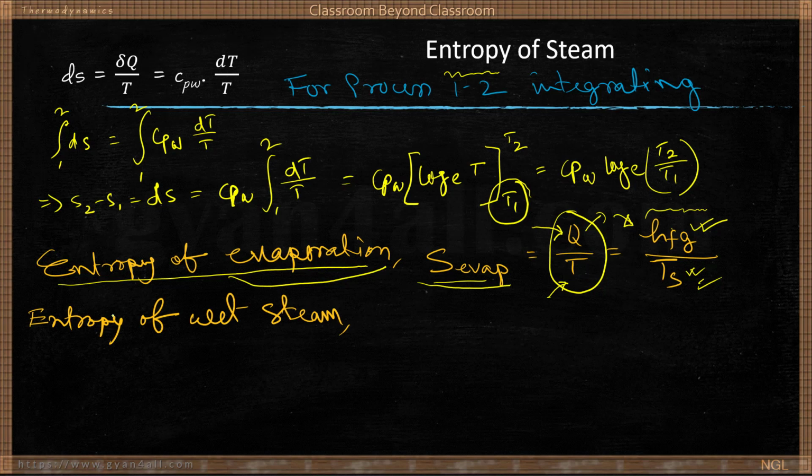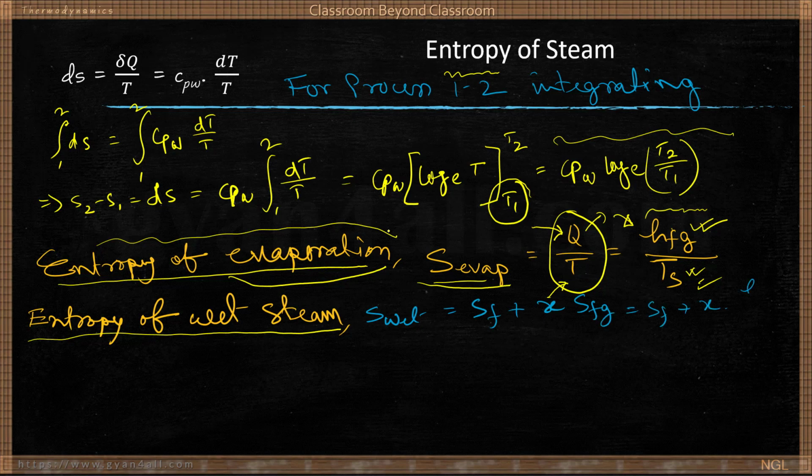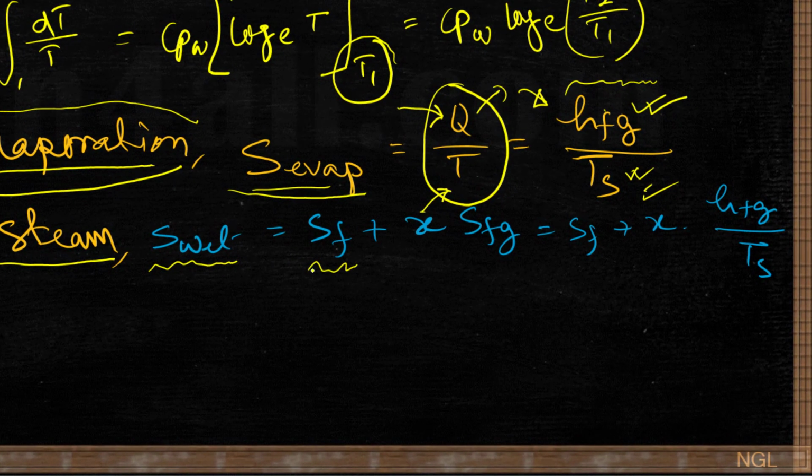Now come to entropy of wet steam. So first we found out for any steam, this is the relation. Then we found out the entropy of evaporation, and then the entropy of a wet steam. So we write S wet, that means entropy of wet steam, is equal to Sf. Now what is this Sf?